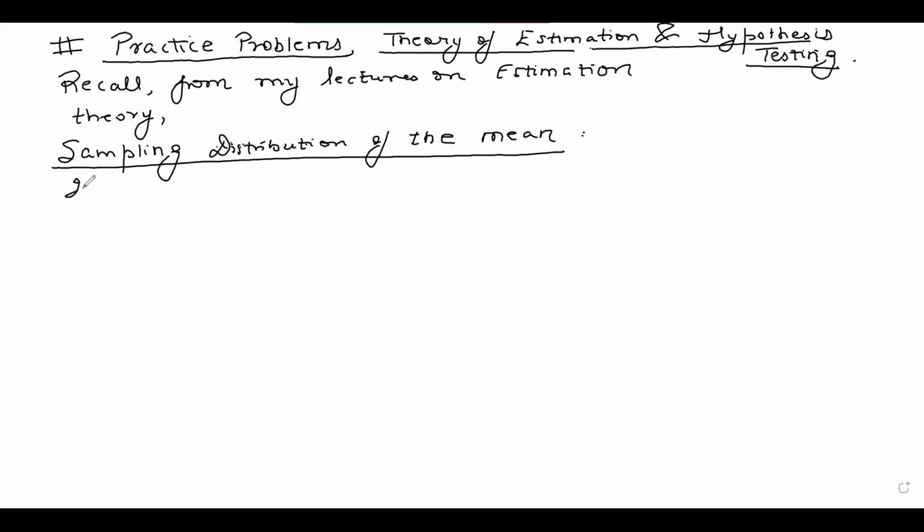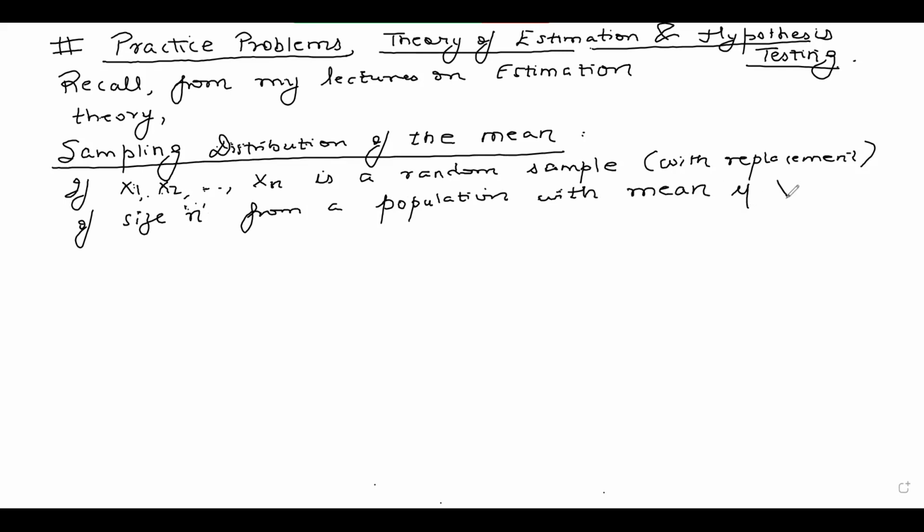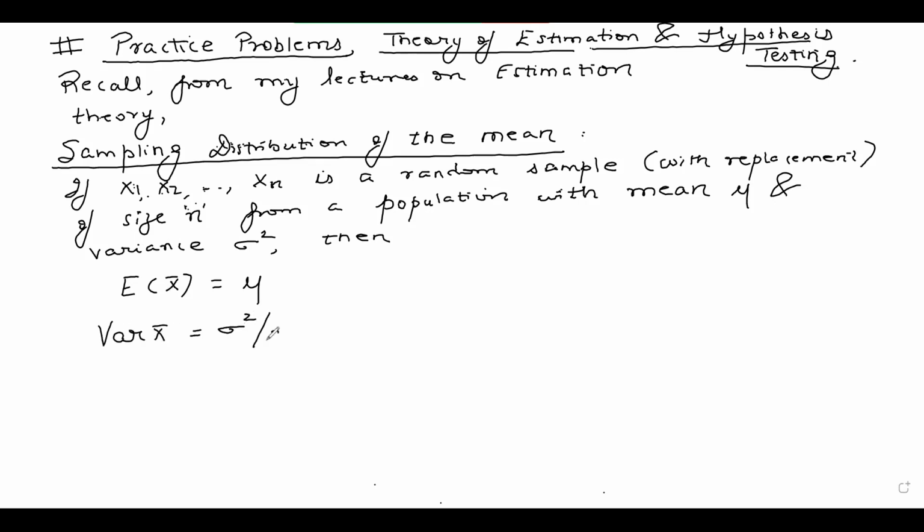So I can write that if x1, x2, ..., xn is a random sample with replacement of size n from a population with mean mu and variance sigma square, then expected value of x bar is going to be mu and variance of x bar is going to be sigma square by n.